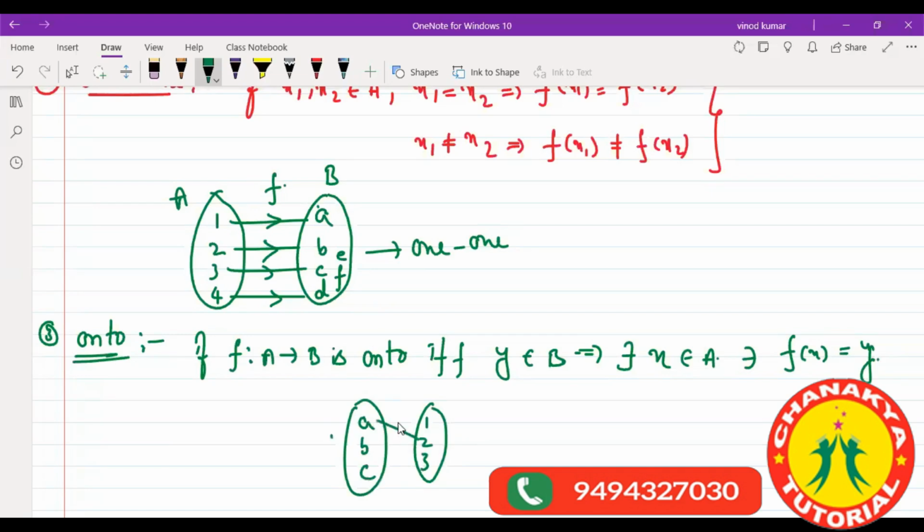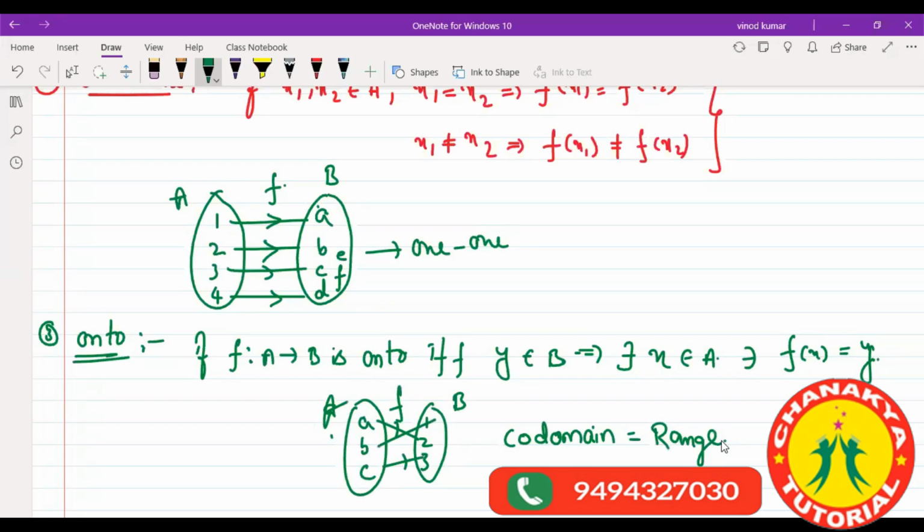A is mapped with 2, B is mapped with 1, C is mapped with 3. This is F, this is set A, this is set B. Simply, codomain equals range. All the codomain values are mapped with at least one element in A.